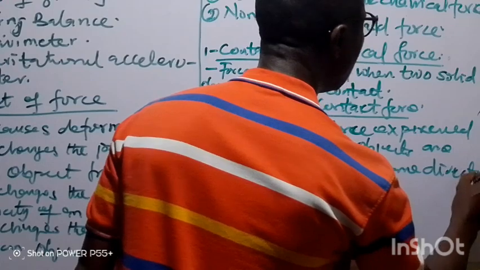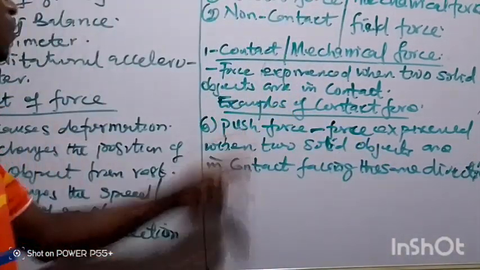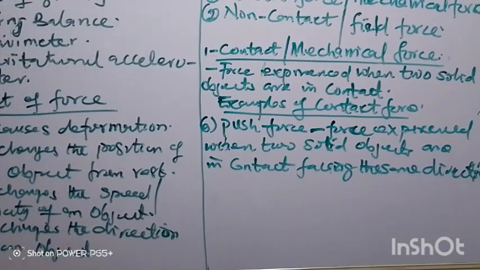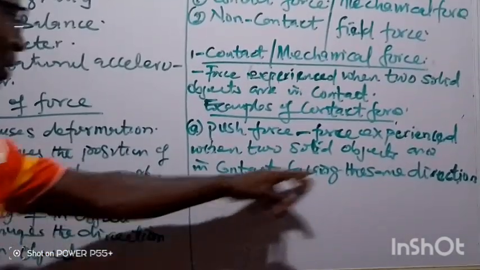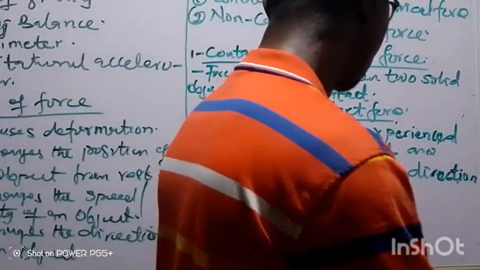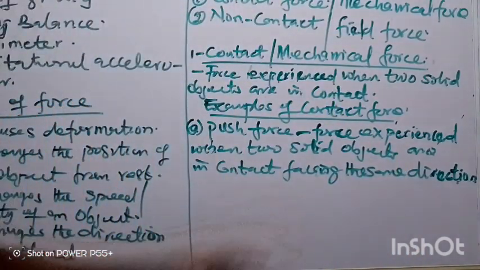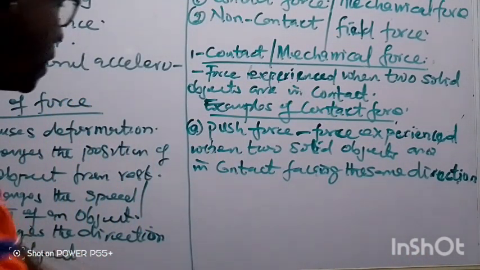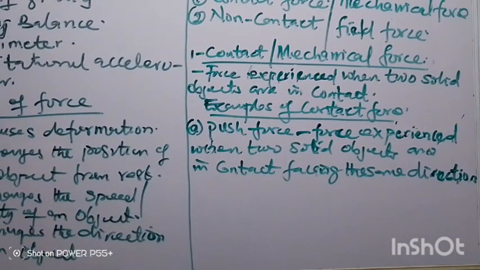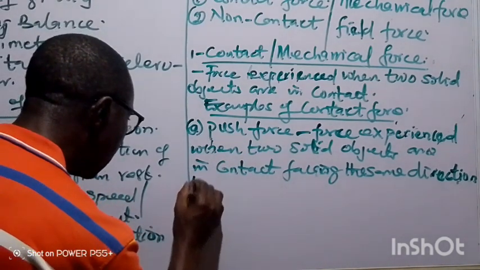That is, the two solid objects involved under push must face the same direction. An example of this one is a boy pushing a wheelbarrow. Both the wheelbarrow and the boy will face the same direction. That is push force. The second one, this is B, is pull force.